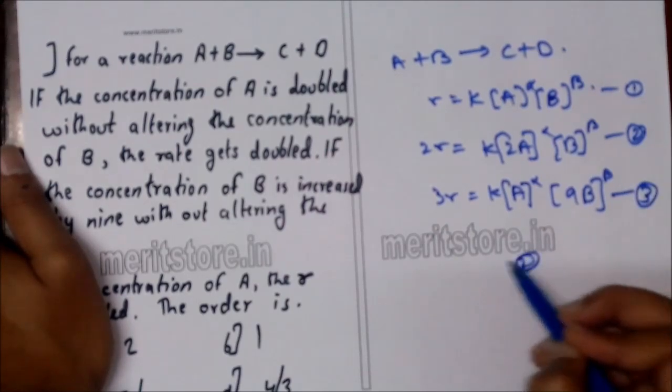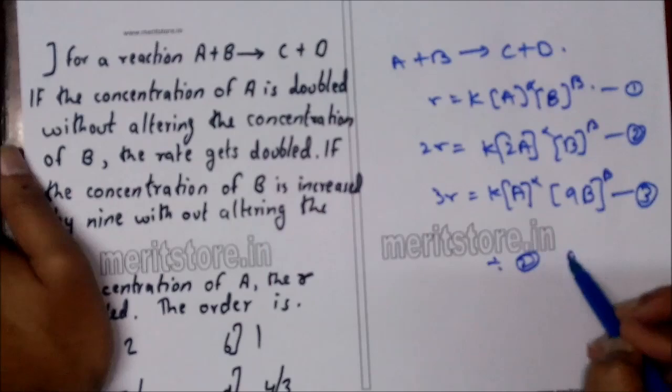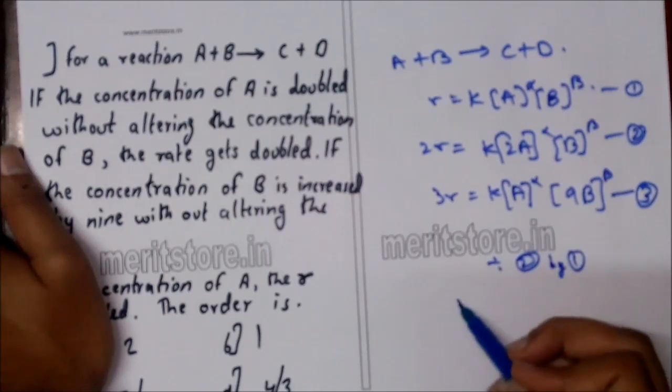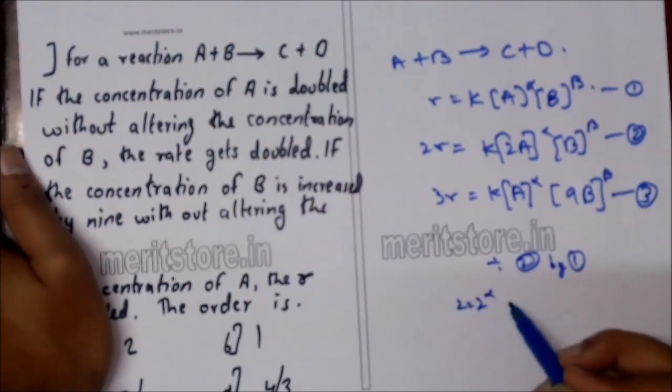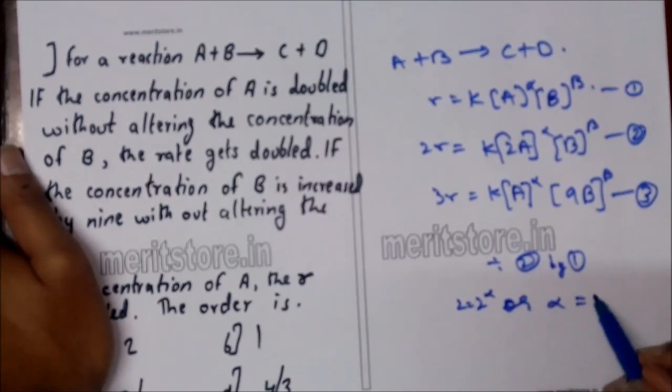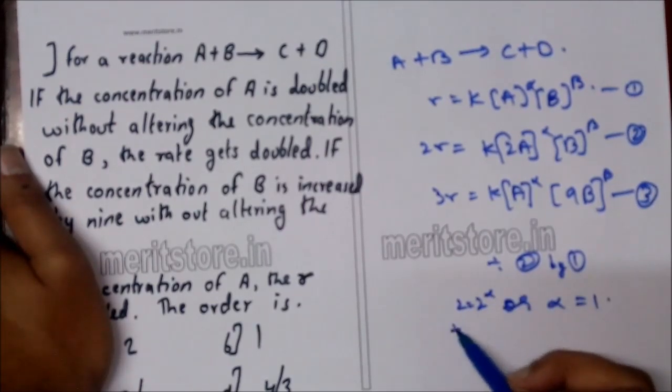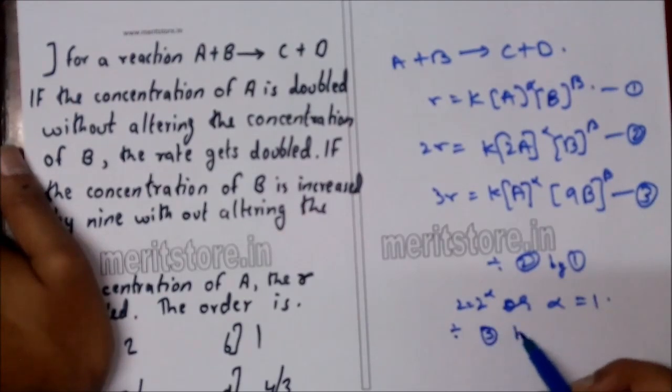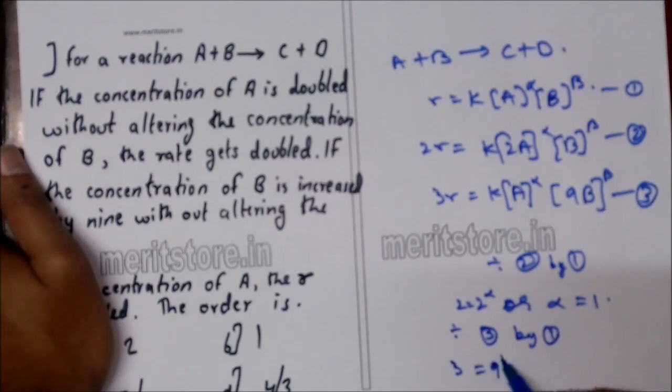Dividing equation 2 by equation 1, we get 2 equal to 2 raised to alpha, so alpha is equal to 1. And now dividing equation 3 by equation 1, we get 3 equal to 9 raised to beta, or 3 equal to 3 raised to 2 beta.